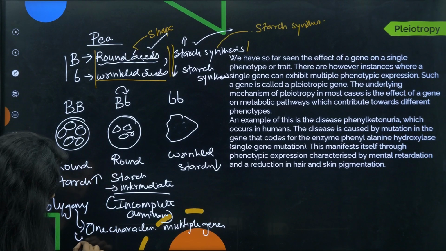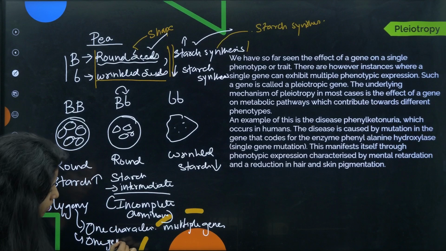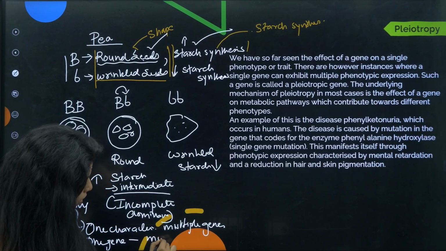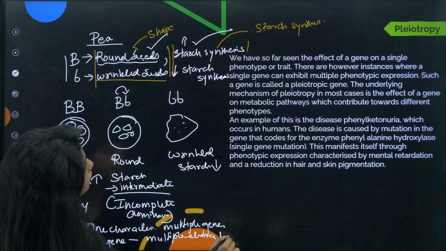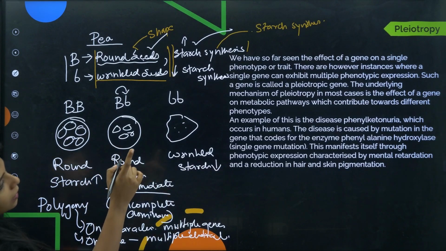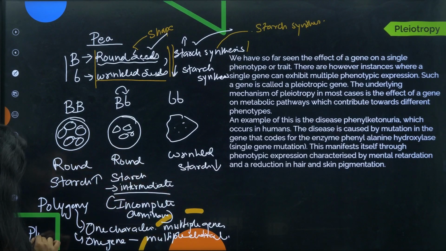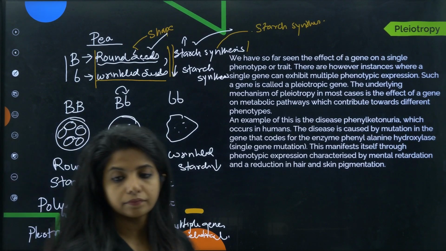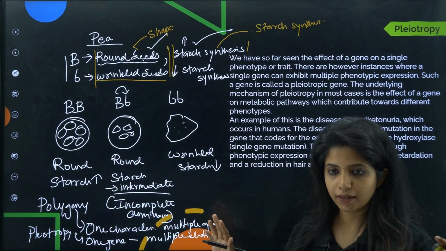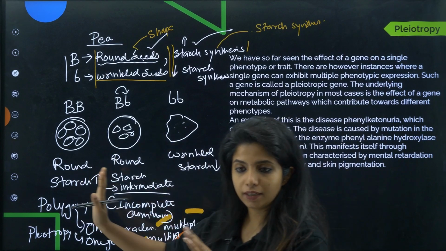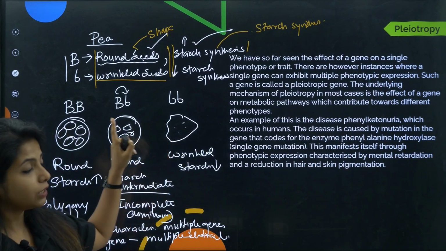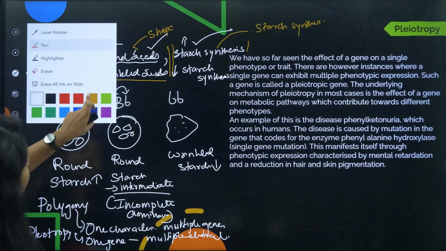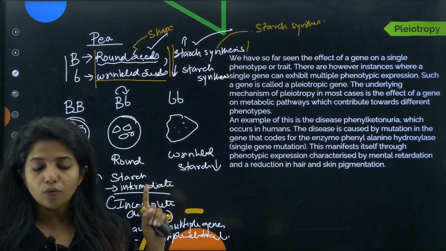But over here, there is one gene, and this one gene is responsible for multiple characters. That is the case of what thing? This thing, that is pleiotropy. I hope you understood that. Now, this was given initially to you, and this is also the example of incomplete dominance. Please remember that.